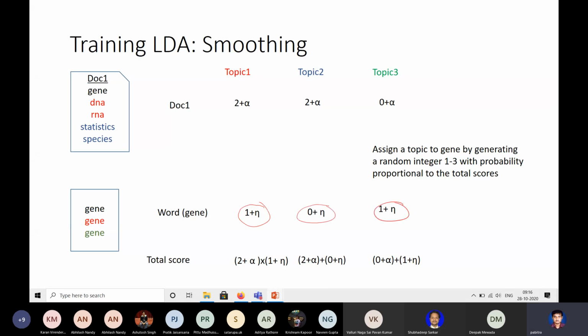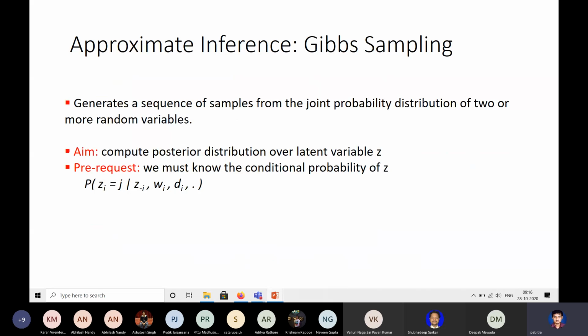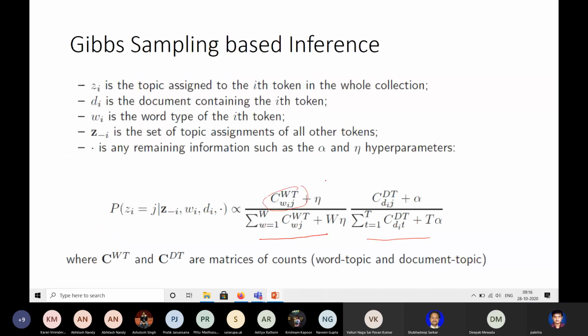And this is the smoothing factor, eta or beta, that we talked about, normalized by the row-wise sum. Because you have added the smoothing factor, you have to add the corresponding normalizing factor in the denominator. This is basically the number of words times eta.